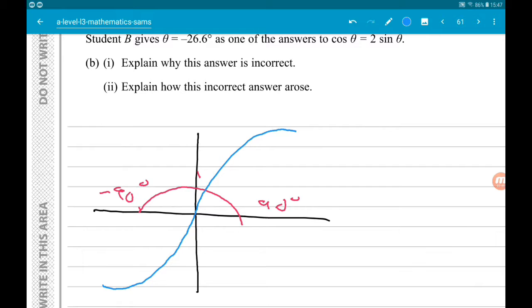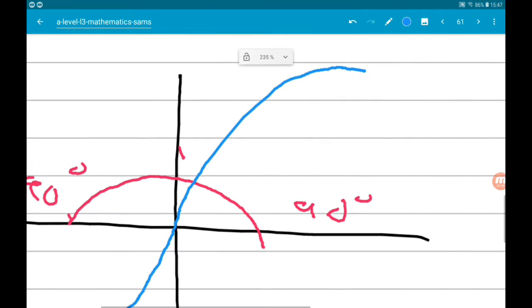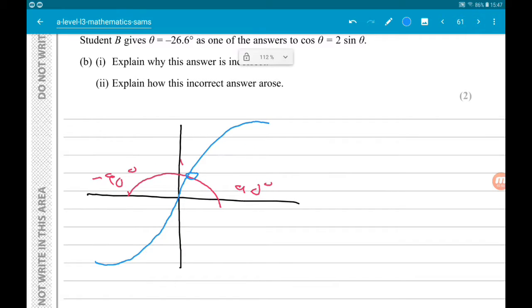So it would look like that. Now we can see the point where they intersect is positive, not negative. So there is no solution for the negative values of theta. The other way that we could do it is substitute theta equals minus 26.6 into cos theta and into 2 sine theta, and you will see that you don't get the same answers. So that's not right.